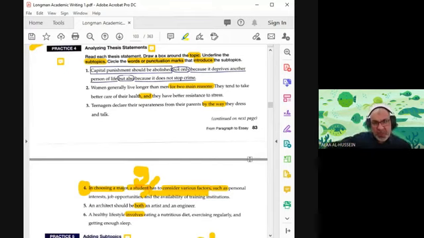What is the function of signaling words here? Introducing the subtopics of the main idea. So we have the main idea, and we have sub-ideas in the thesis statement.